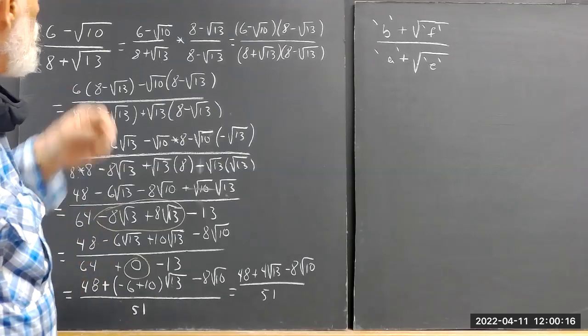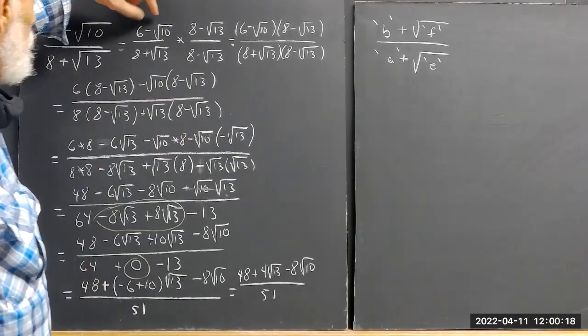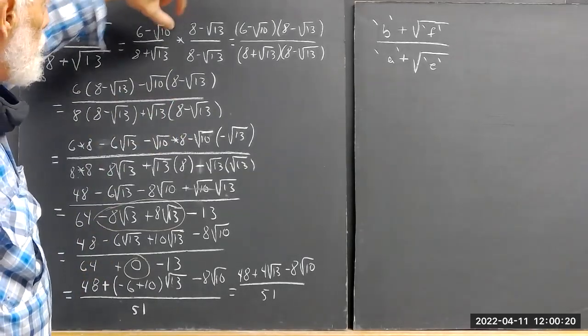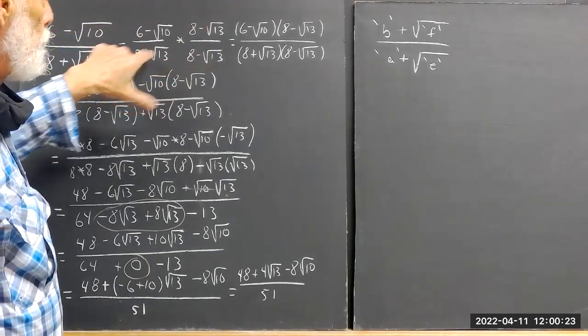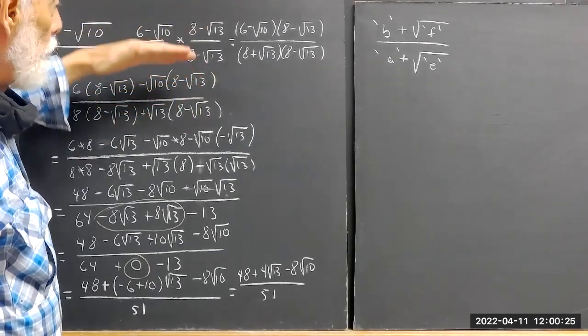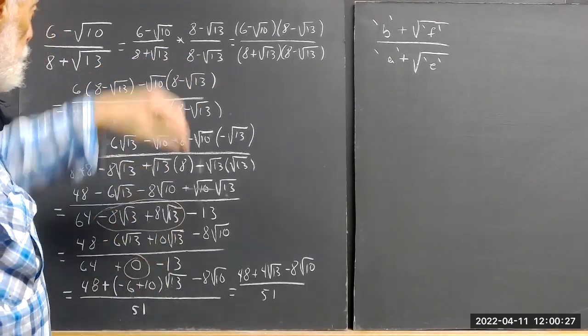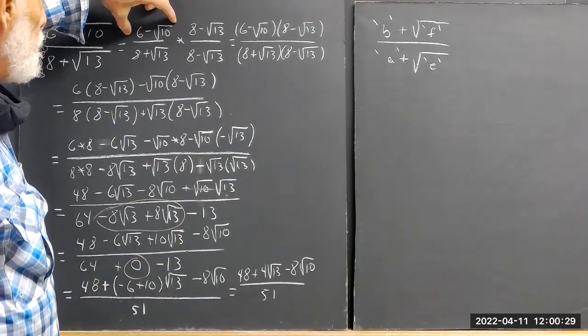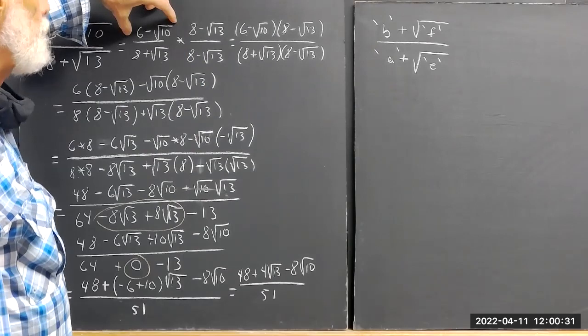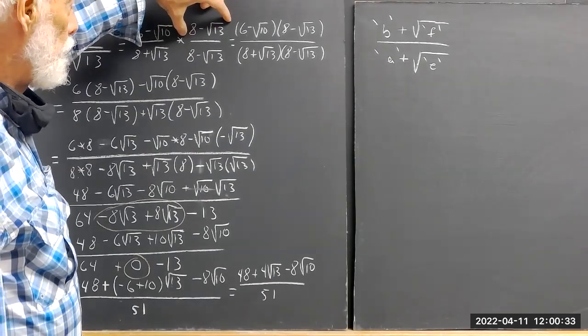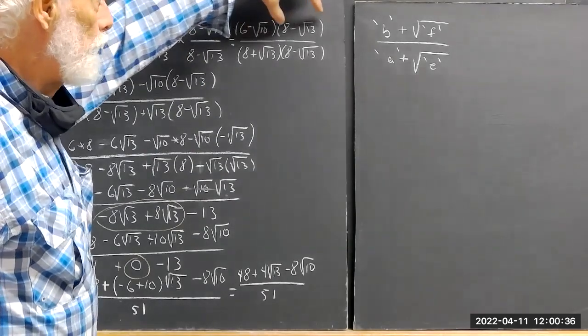And so when we multiply two rational expressions, two fractions, we multiply the numerators and we multiply the denominators. So the numerator here is 6 minus the square root of 10 times 8 minus the square root of 13, which we write here.